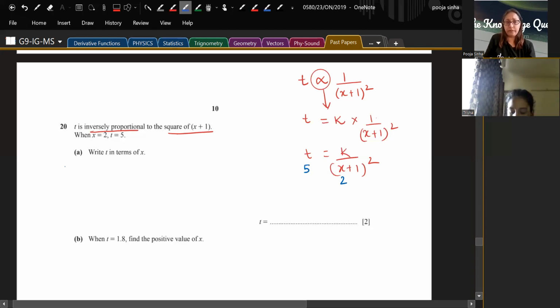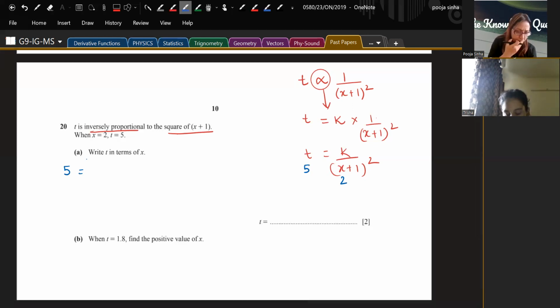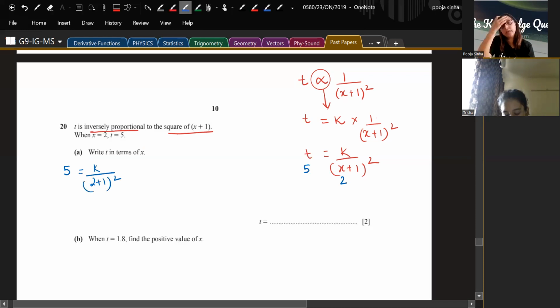So can I write 5 is equal to k upon 2 plus 1 whole square.